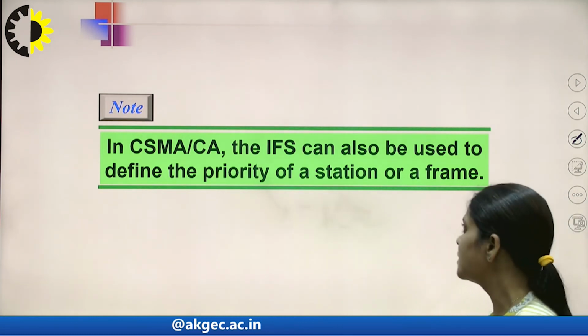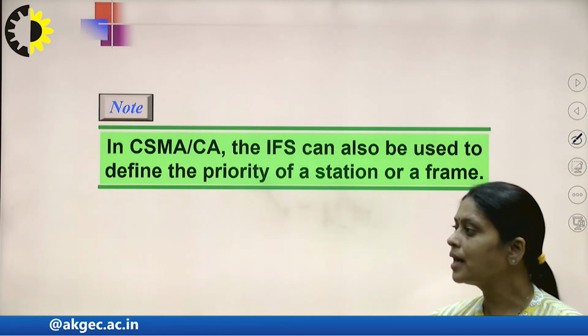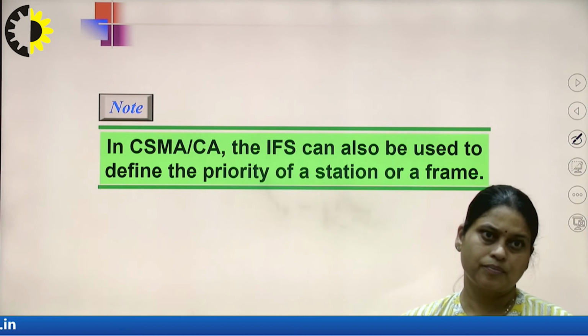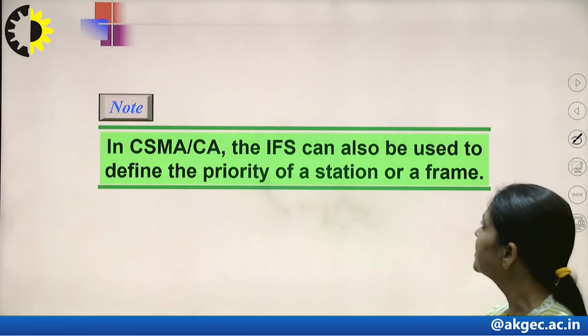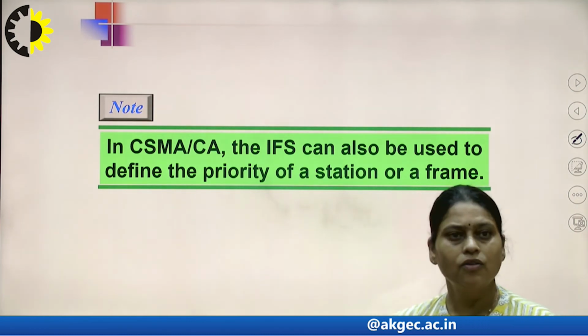Now, the next is CSMA with CA, that is Carrier Sense Multiple Access with Collision Avoidance. In IFS, it can be used to define the priority of a station or a frame.